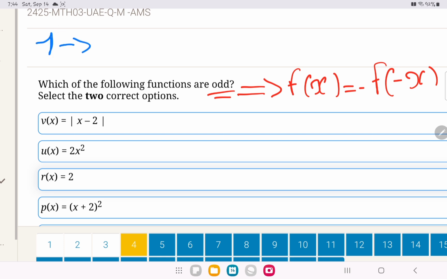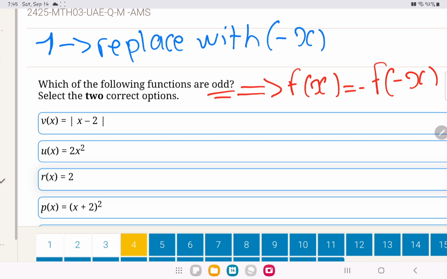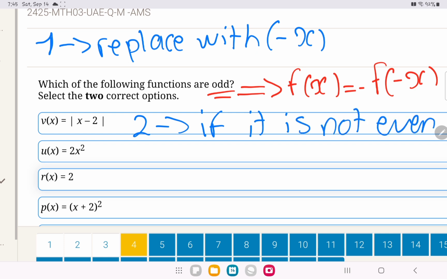The first step, we replace x with minus x. Second step, if it is not even, that means f(-x) is not equal to f(x), okay? We multiply the whole equation by minus.